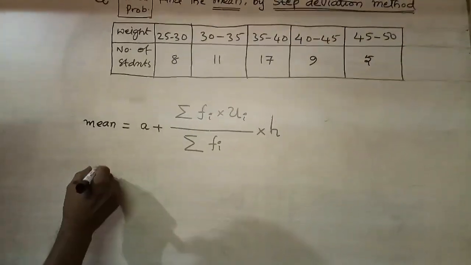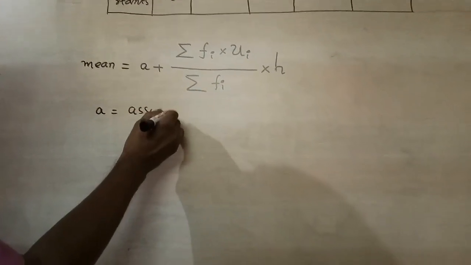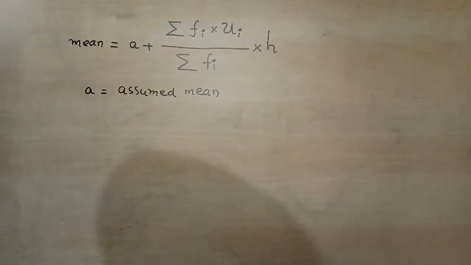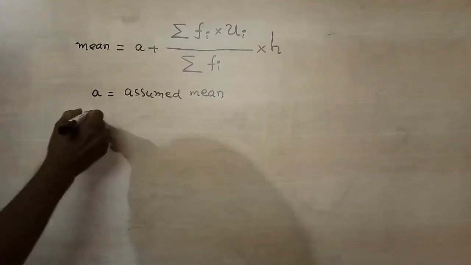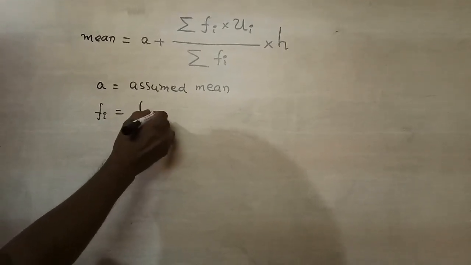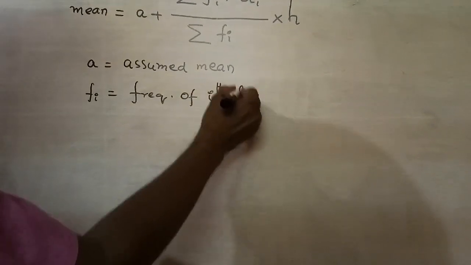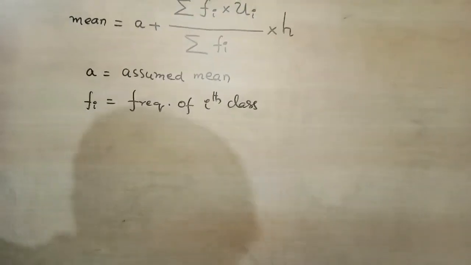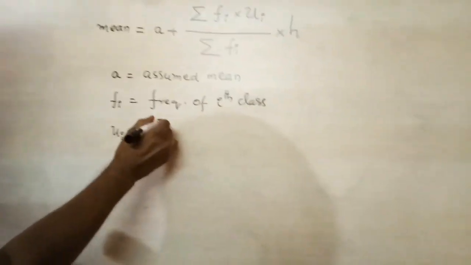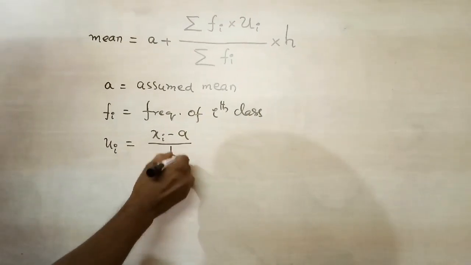Here A means assumed mean. Fi means frequency of ith class. Ui means xi minus a by h.